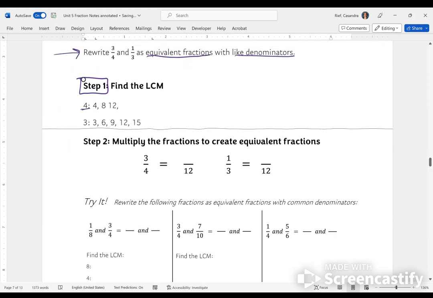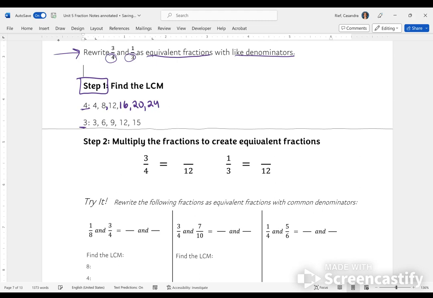To do that, we wrote 4, because that's our denominator for the first fraction, and 3, that's the denominator for the second fraction. And then we just started listing the multiples. So we have 4, 8, 12, and we could keep going. 16, 20, 24, and you could go on and on.